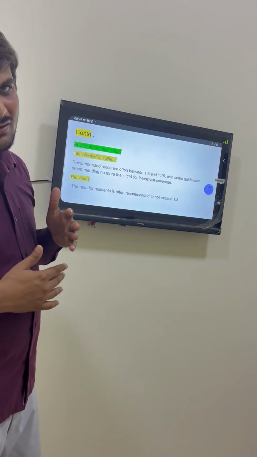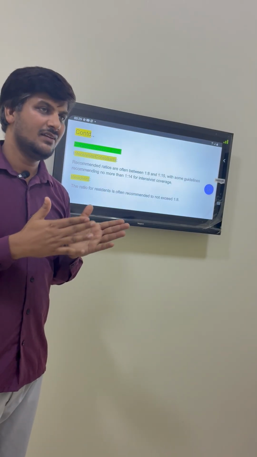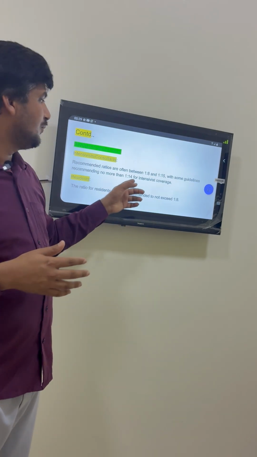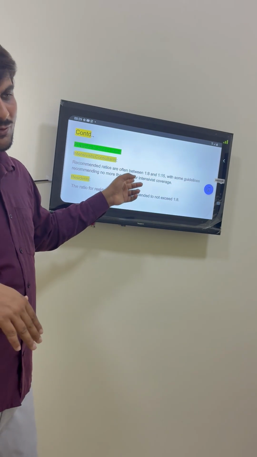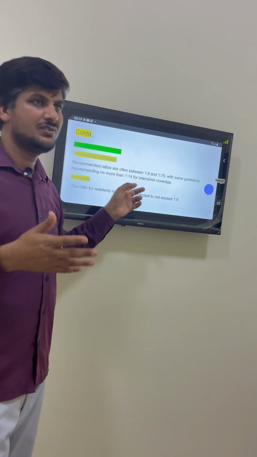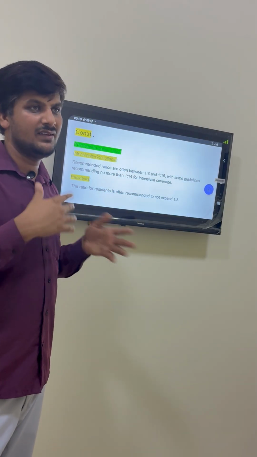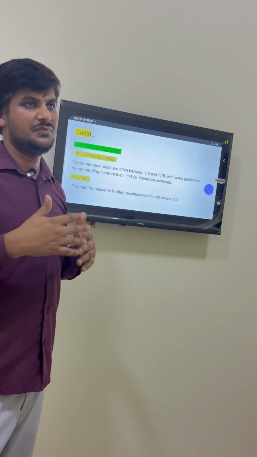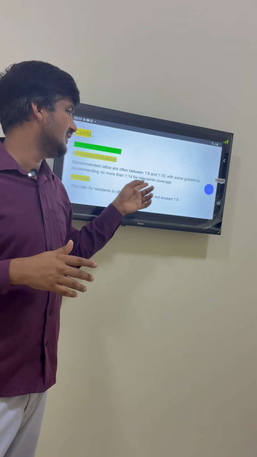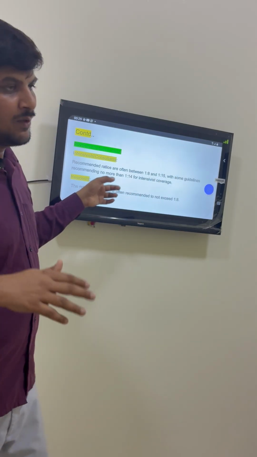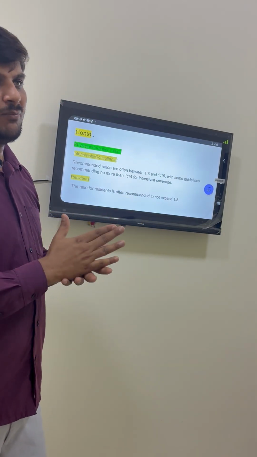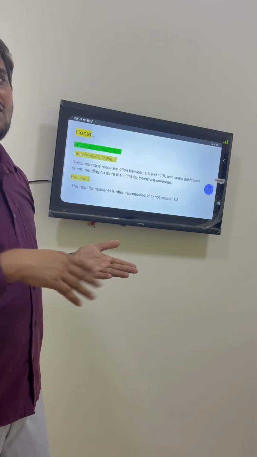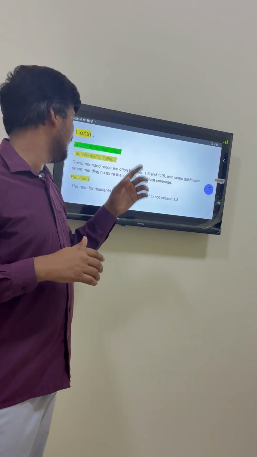If one consultant is seeing more than 14 patients, it's not a good thing. It will become crowded, the workload will increase, and the treatment efficiency will be reduced. That's why the guidelines usually recommend one consultant for 14 patients or fewer.